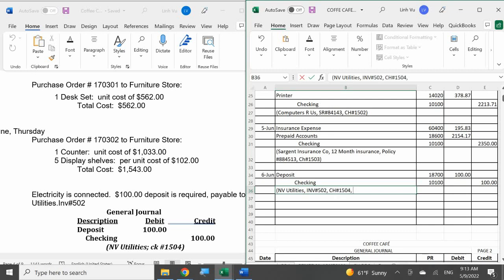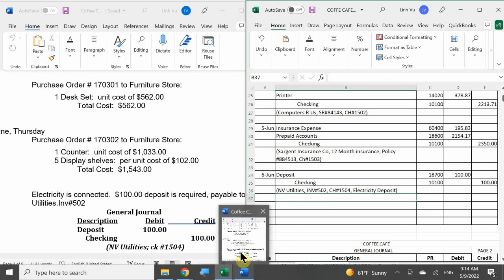And you can also put in that you made an electricity deposit for $100. So I finished my journal. So I'm going to post it to my ledger now.